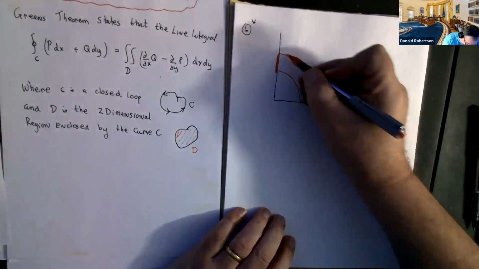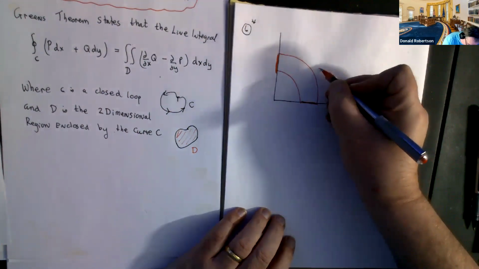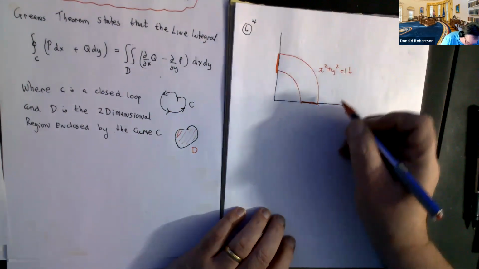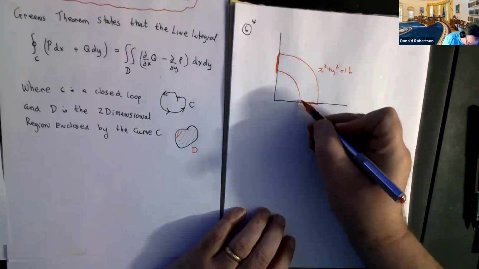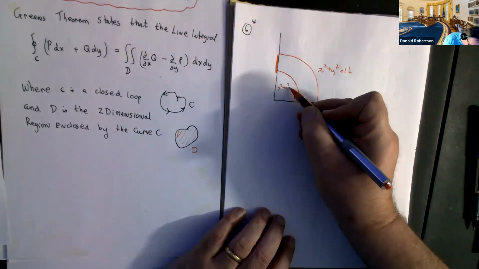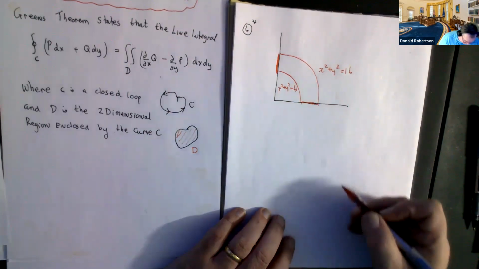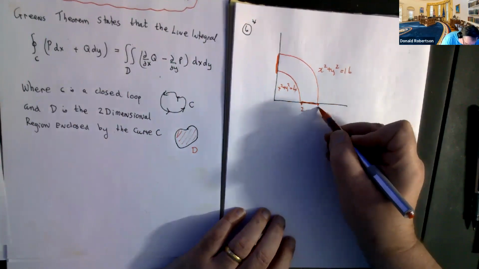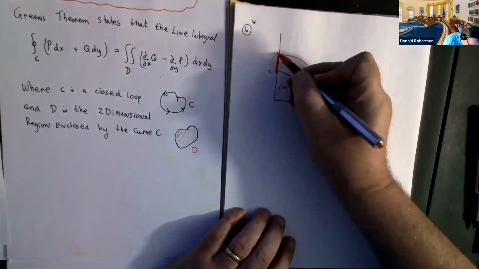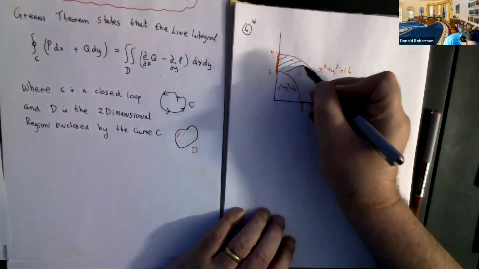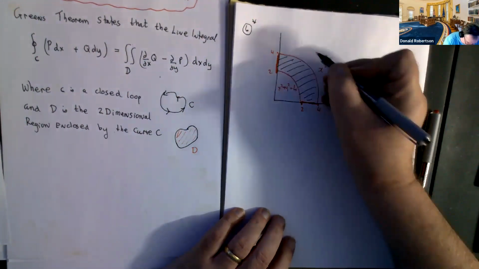This outer circle, well, quarter of a circle, is x squared plus y squared equals 16. And this inside curve is x squared plus y squared equals 4. And this guy here obviously is 2 then, and this is 4, and this is 2, and this is 4. So the region D that we're talking about is this region here.